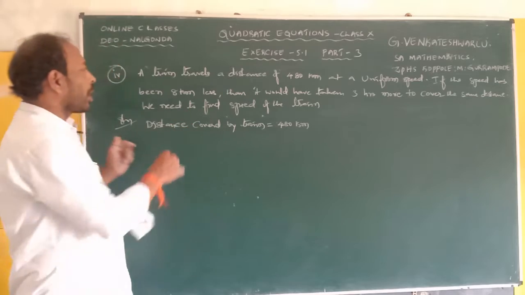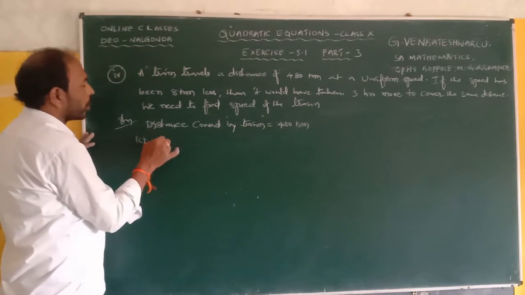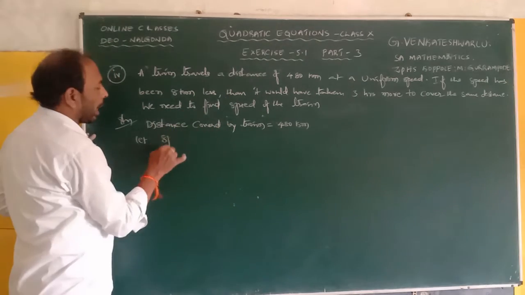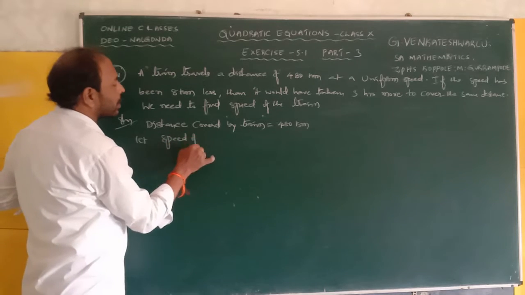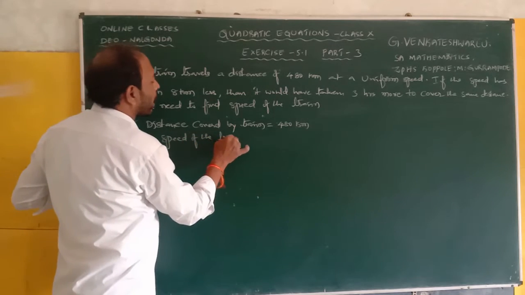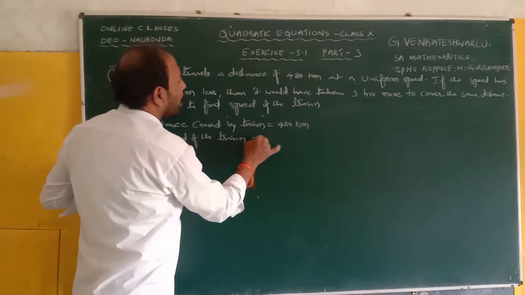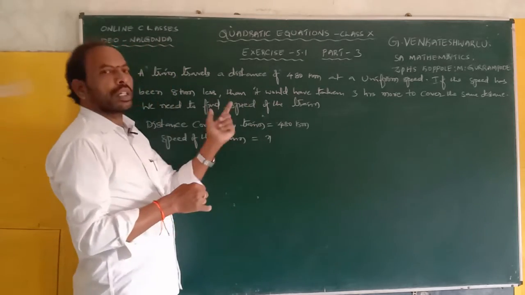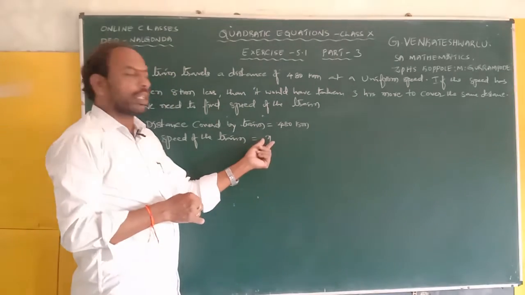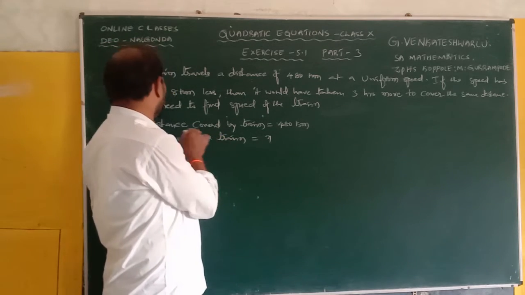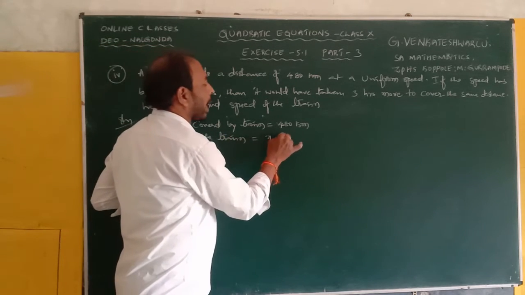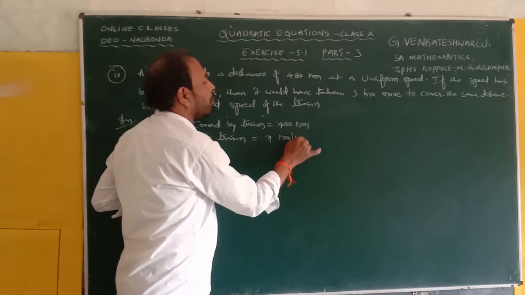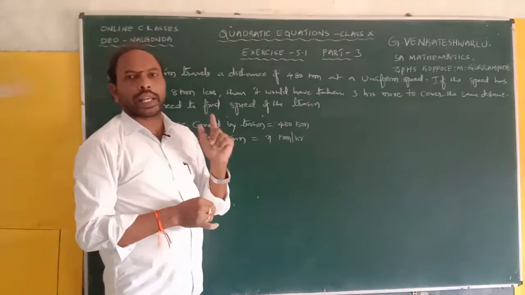And next nana, the uniform speed of the train is not given, so we need to find it. So that's why it is an unknown variable. It is taken as x. So the speed of the train is taken as x kilometer per hour. Here it is the first case.